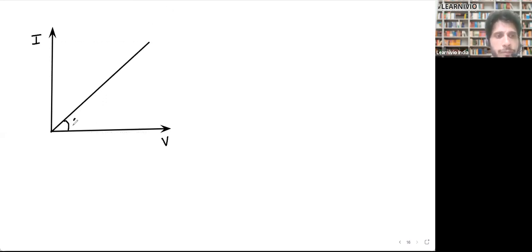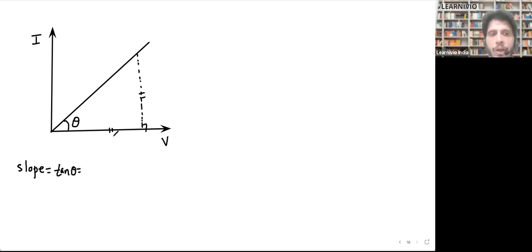This angle is theta. Now, if I calculate the slope of this graph, slope is tan theta.